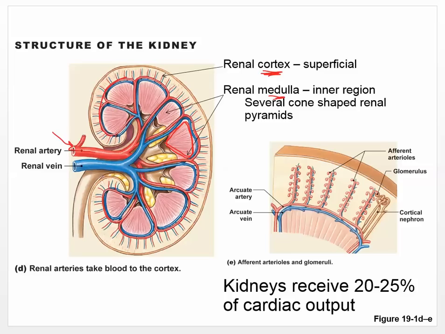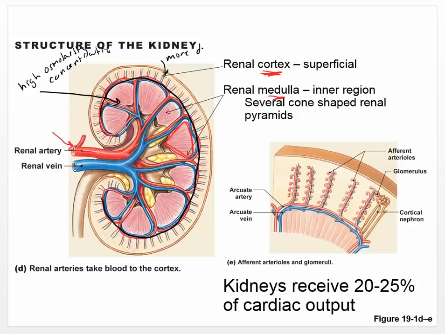Okay, let me maybe use a different color here. So at the outer edge of these pyramids is where the medulla starts. And that's kind of important because the concentration deep in the kidney is very high. So it has high osmolarity, which is just high concentration, on the medulla side, on the inside, and then out here it's a little more dilute.